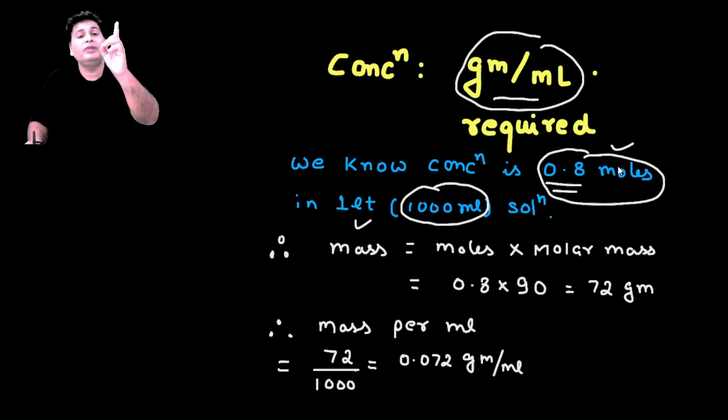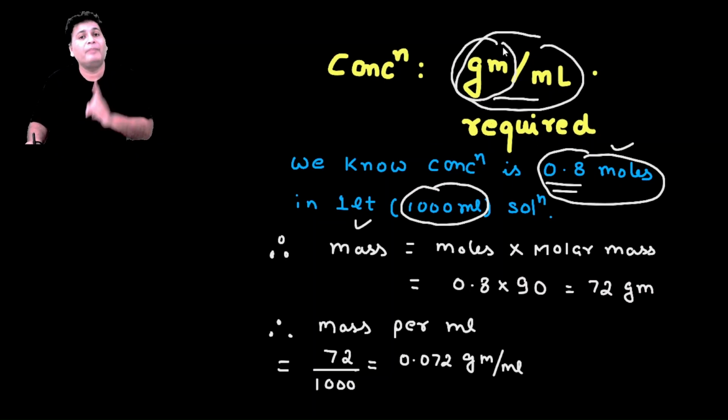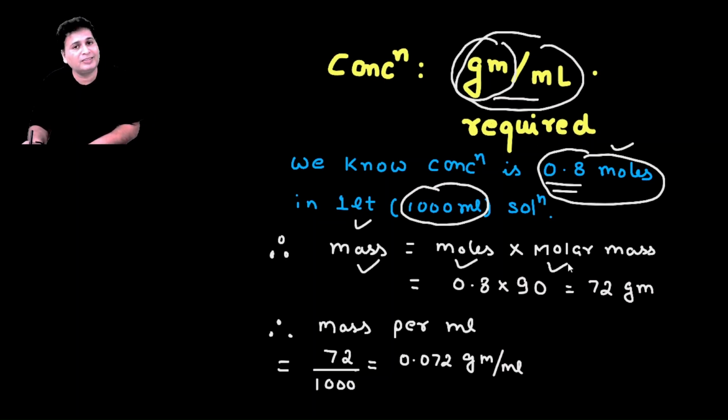First of all, we will convert the moles into mass, because here we require the gram. Gram means mass, and you know the formula for mass is moles multiplied by molar mass. The mass is equal to moles into molar mass. The moles are 0.8, and the molar mass in the question is given as 90, so the answer is 72 grams.